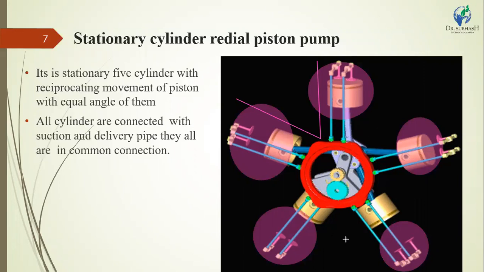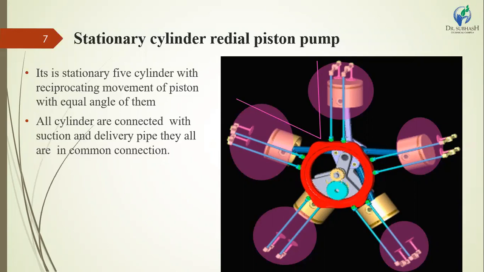Means each piston cylinder arrangement gives an individual input and individual output. When the shaft is rotated by the prime mover, the pistons reciprocate in the cylinders and perform suction and delivery of the liquid in sequence.